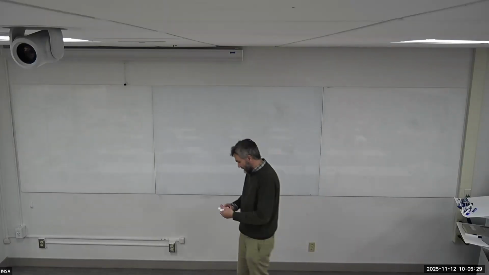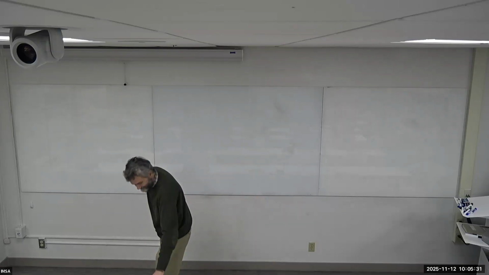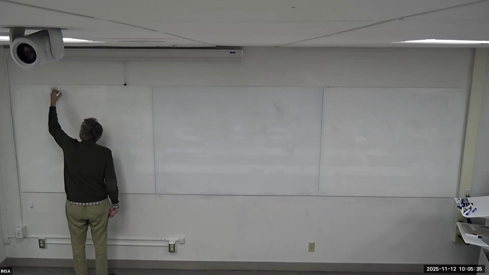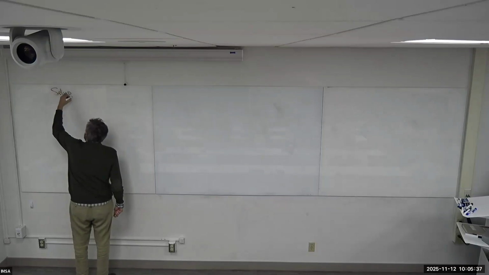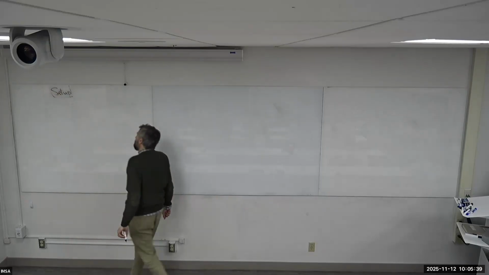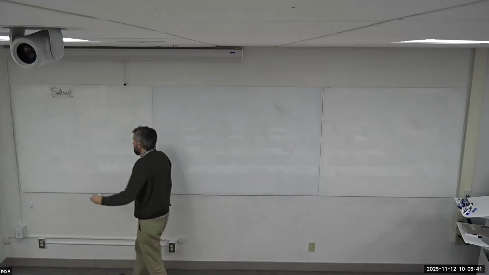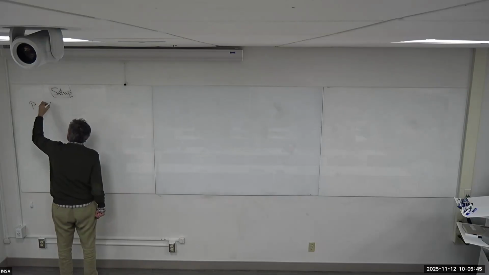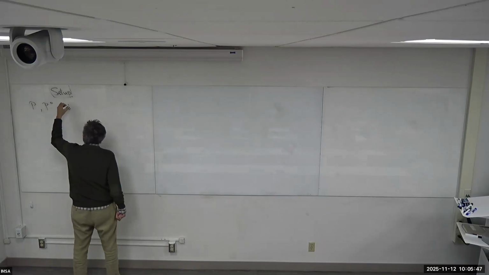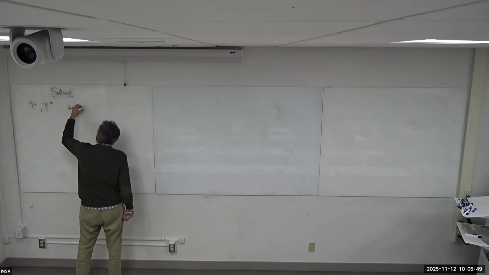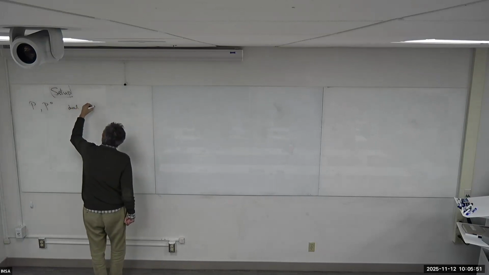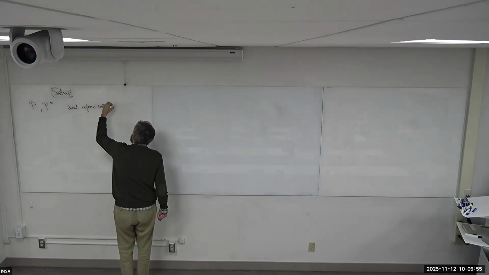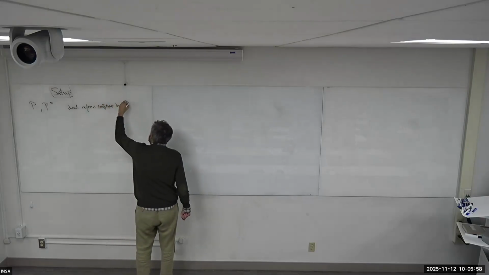So I start with the setup. We start with a pair of dual reflexive polytopes in R^(n+1).